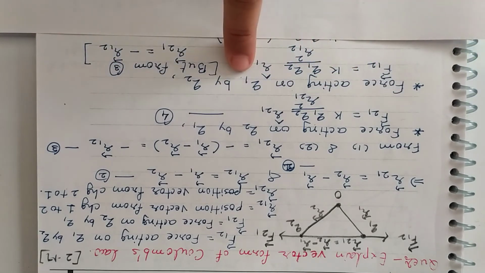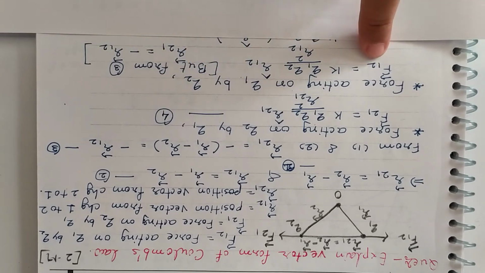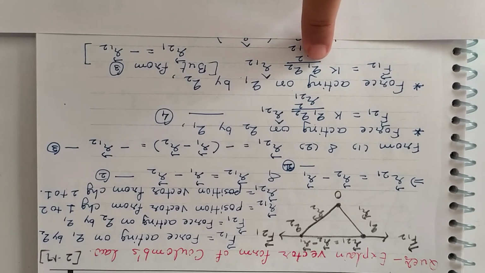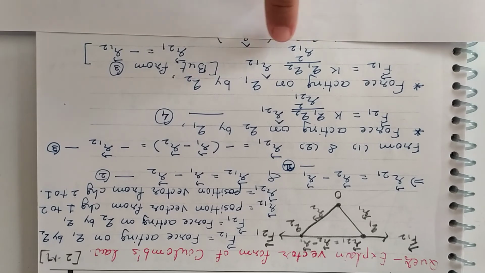The force acting on Q1 by Q2 will be written as F12 is equal to K Q1 Q2 upon R12 square into R12 cap. Here again R12 cap is a unit vector in the direction of distance R12.